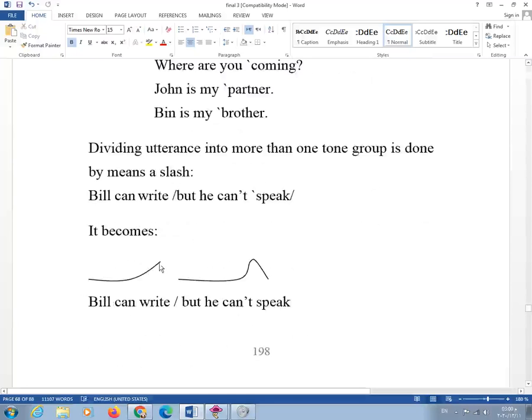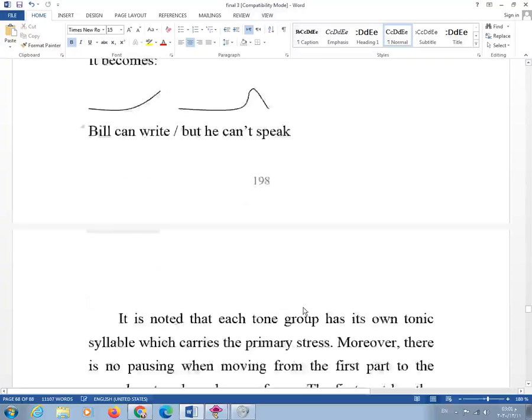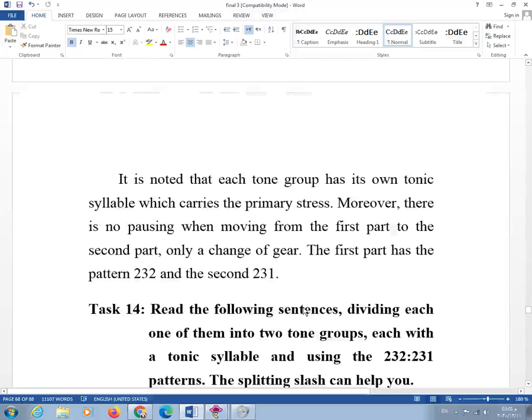So we use the rising intonation a little bit, mid-rise, and then the final part carries falling intonation, but he can't speak. Okay. So we call this 2 3 2 and 2 3 1. What's 2 3 2? Pitch level number 2, pitch level number 3, pitch level number 2 again.